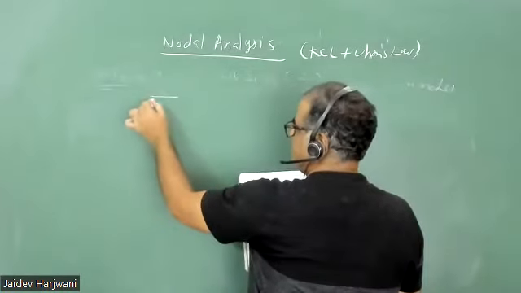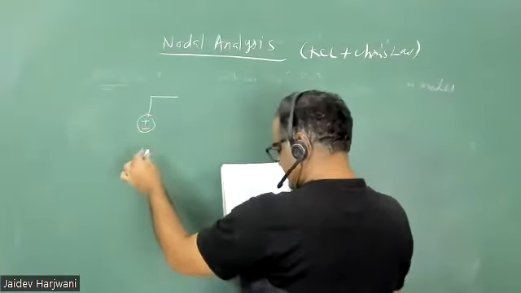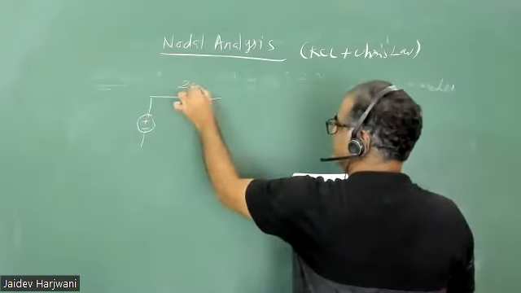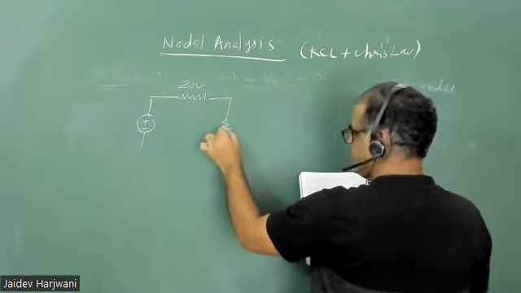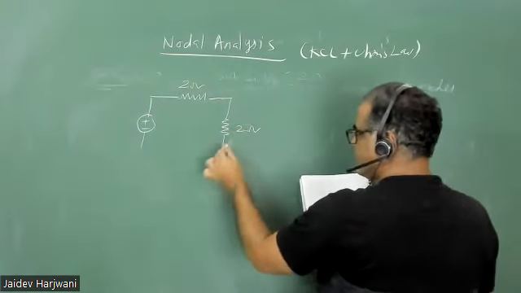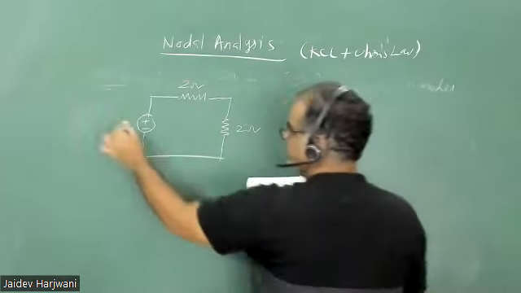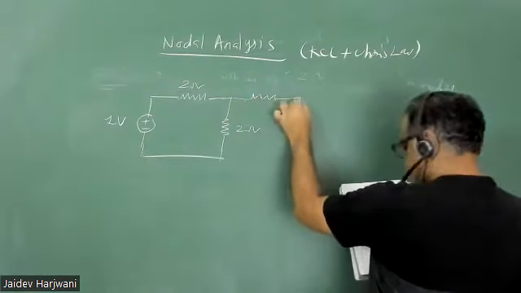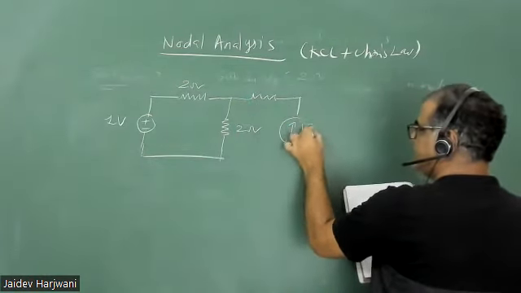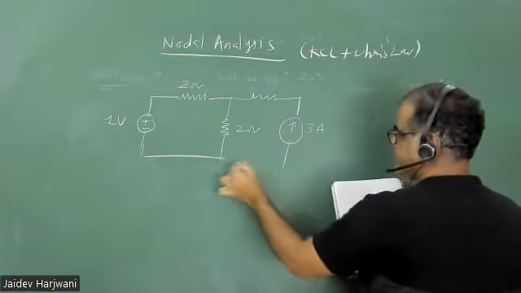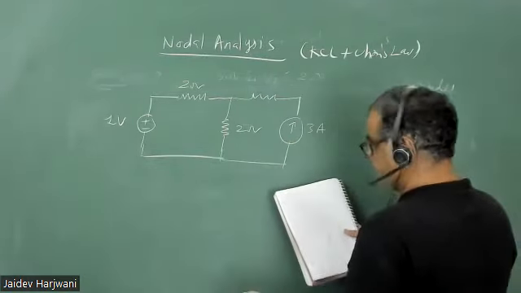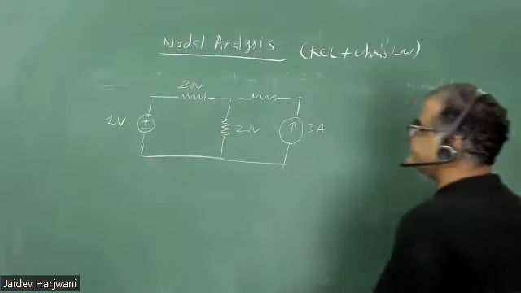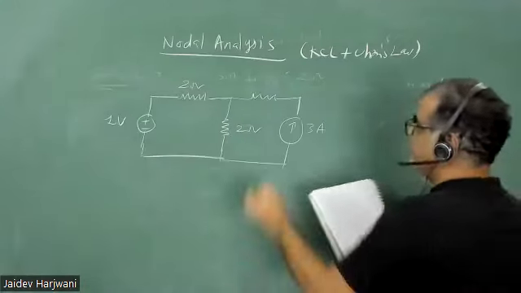Okay. Plus minus. This is 2 ohm. This is 2 ohm. This is 1 volt. Okay. This is 1 ohm. This is 3 ampere current coming here. So this is 1 volt. So this voltage is already known. And here you have a 1 ohm resistance.